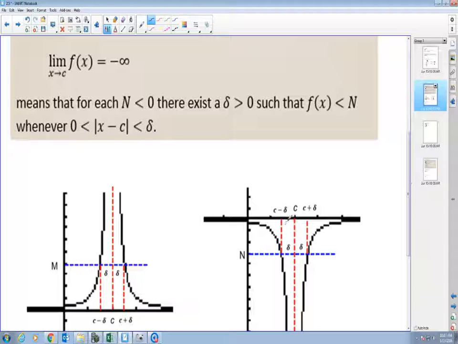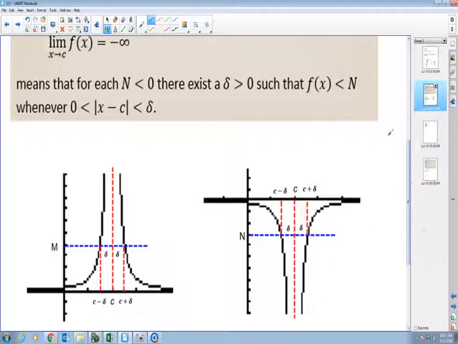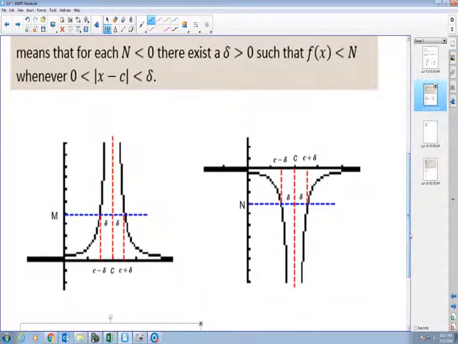Of course, the distance from c to c minus delta is delta itself. We talked about the definition of limit before. Right now I'm just using another y value, capital M or N, to help me explain the infinite limit.